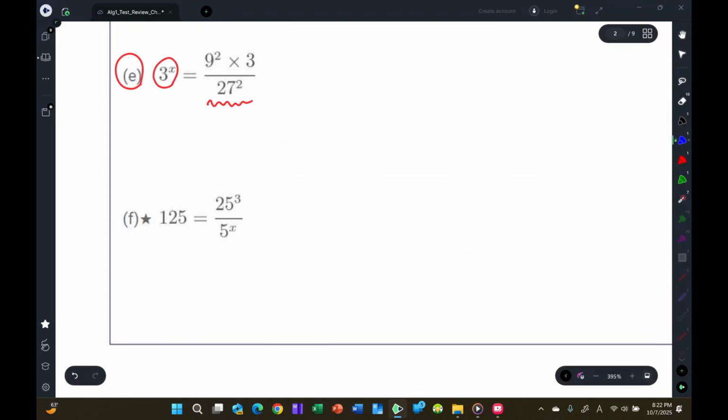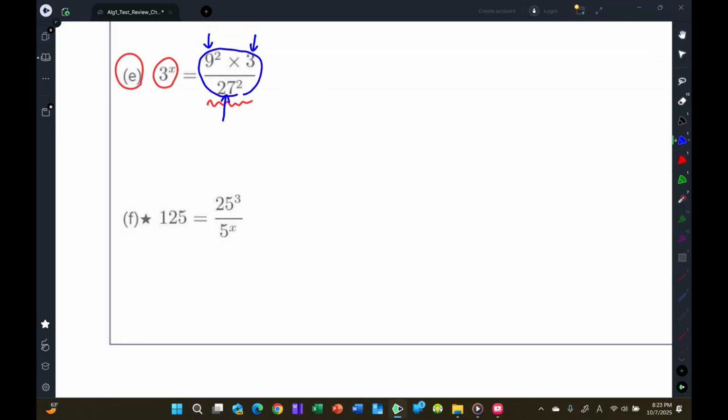Now, obviously, you want to work on the left side of the equation, because the right is already simple enough, right? And 3 is already 3, but this is family of 3 and that's family of 3. So let me try to rewrite this whole thing using all bases of 3. So 9 is 3 squared, but don't forget there was already a square there, so you can't just ignore that, times 3 to the 1 power.